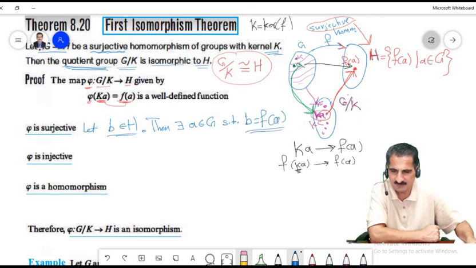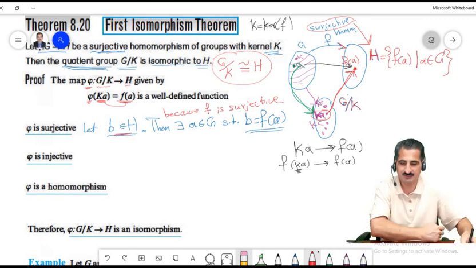This is because F is surjective: any element in H will have a pre-image in G.